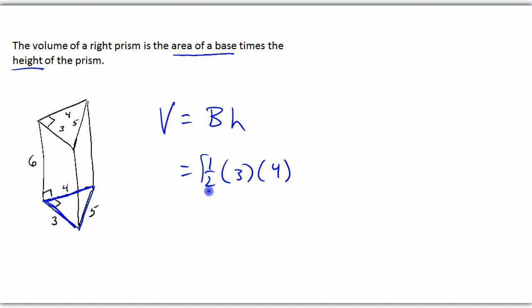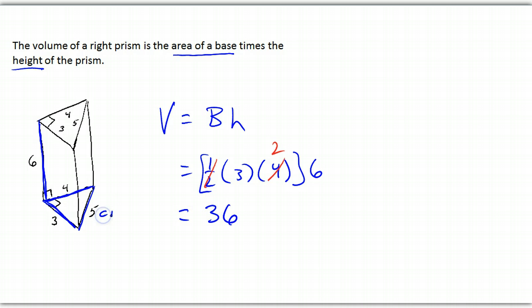And then we're going to take that base area and multiply it by the height of the actual prism. In this case, that's 6. Okay? So the 1/2 and the 4 cancel, leave me with 2. I get 6 times 6, which is 36.